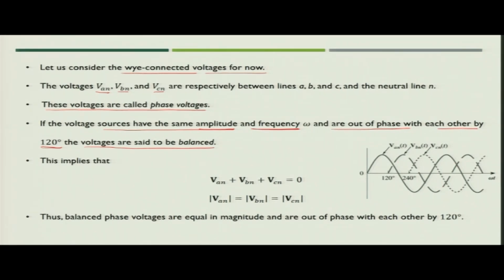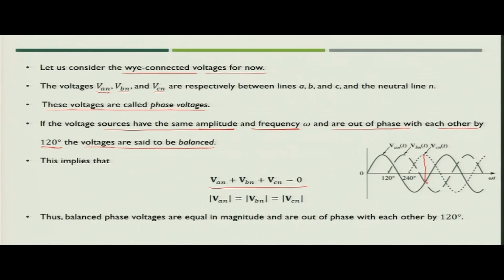Now, when you see this particular arrangement, you can simply say that VAN plus VBN plus VCN is equal to 0. If you take the voltage at any point, you will see that the total sum of voltage will be 0.